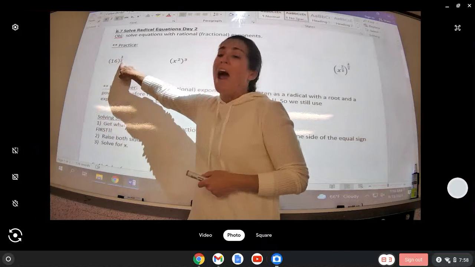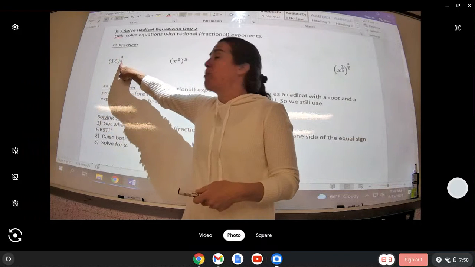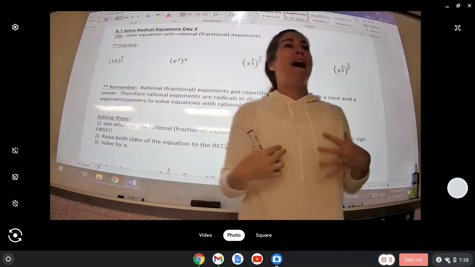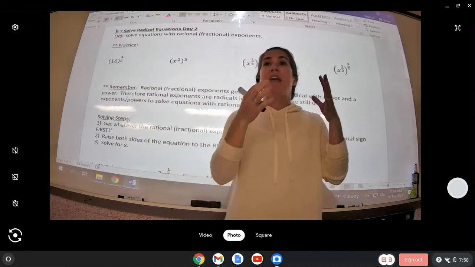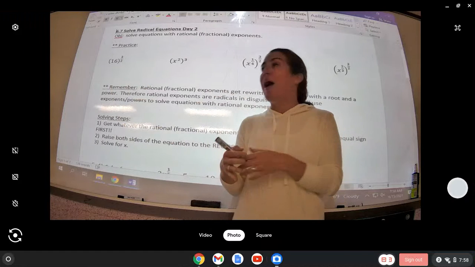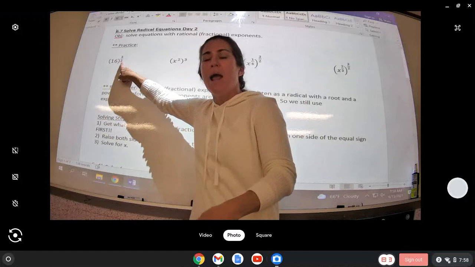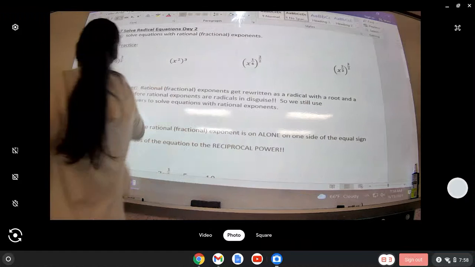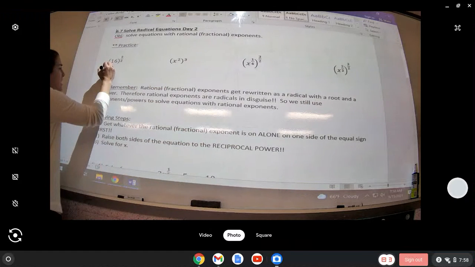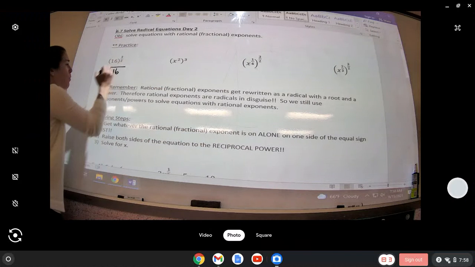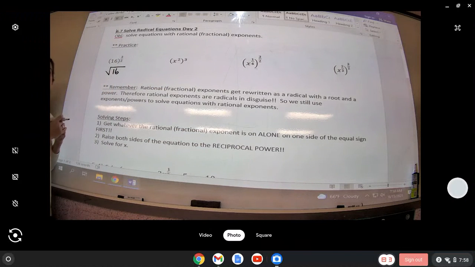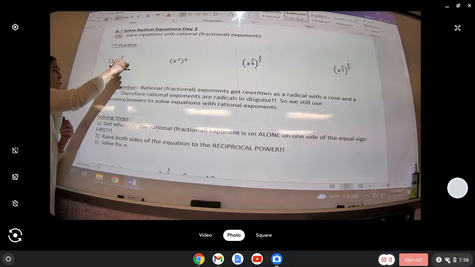When you have a rational or fractional exponent, we learned how to evaluate that by converting it to a radical with a root and a power. Because we can't multiply 16 by itself 3/2 of a time, we convert it by putting 16 under a radical, and the exponent is made up of a power over a root.